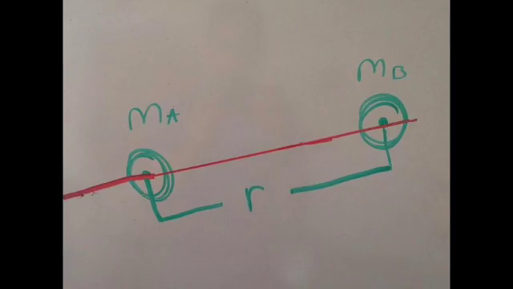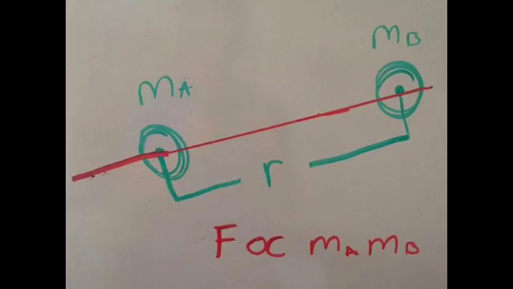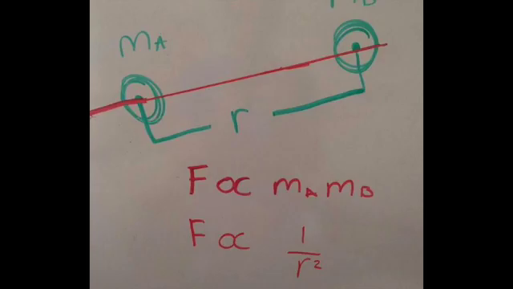We know that the force is proportional to the product of both masses, m_A times m_B. It also says that the distance between both objects is important, because the force is inversely proportional to that distance squared.